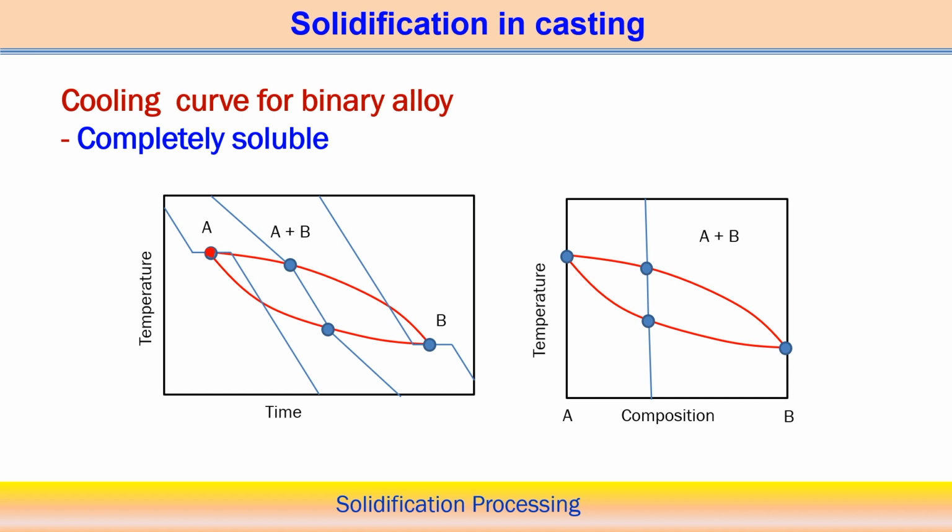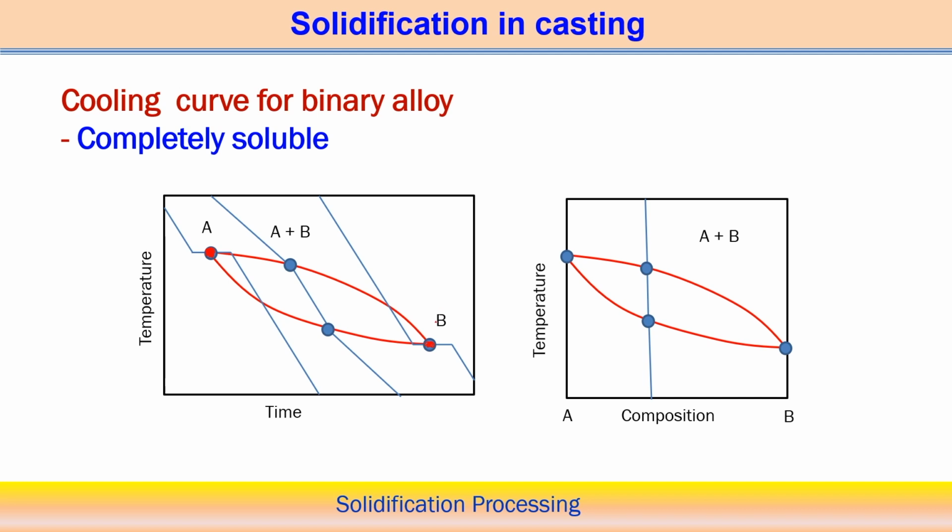It means that it is 100% A, a pure metal, and this is a typical cooling curve. Similarly, 100% B, the other element in the binary alloy, is also pure, and B has a lower melting point than A.